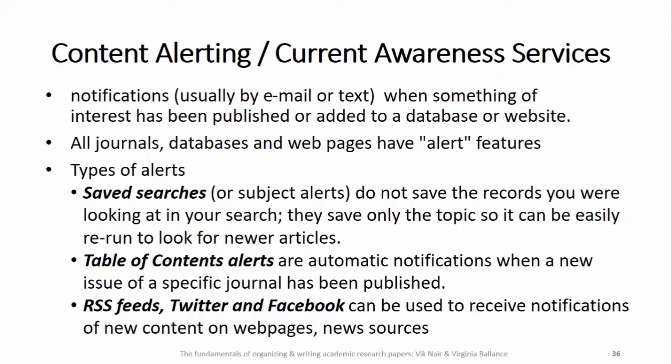You also have table of contents alerts. When a new journal issue has been published, they send you the table of contents. Alternately, you can use social media things like RSS feeds, Twitter or Facebook, to receive notifications of new content on web pages or news sources.